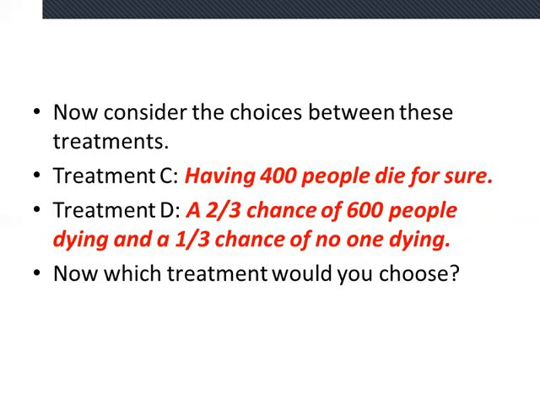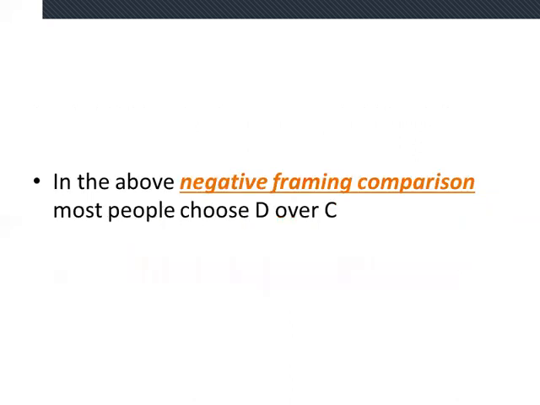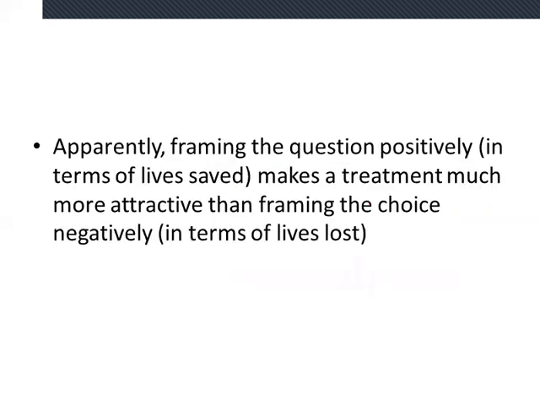Which treatment would you choose? Again, in the above negative framing comparison, most people would definitely choose D over C. Apparently, framing the question positively in terms of lives saved makes a treatment much more attractive than framing the choice negatively in terms of lives lost.